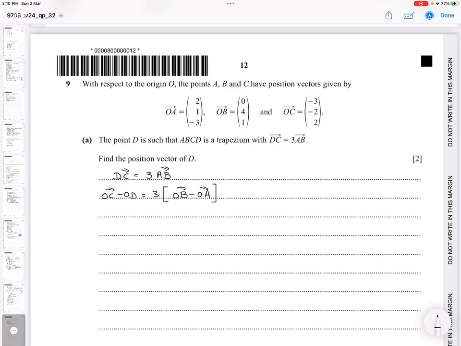So write down the values: minus 3, minus 2, 2. OD I have to calculate, find out. So 3 times OB is 0, 4, 1, OA is 2, 1, negative 3.